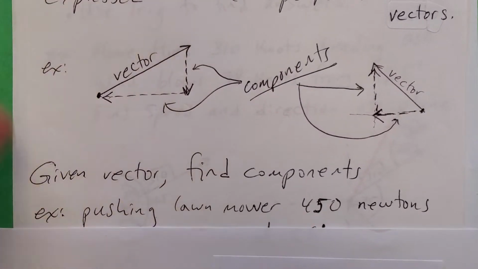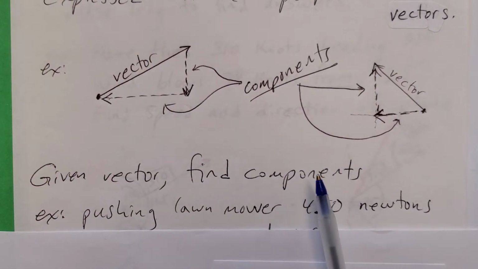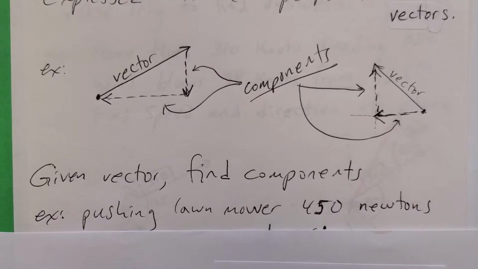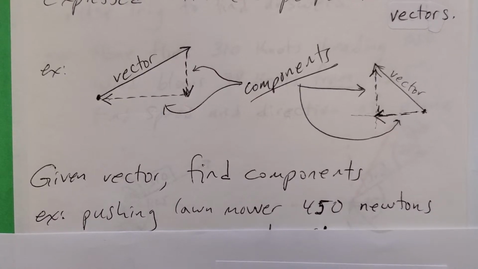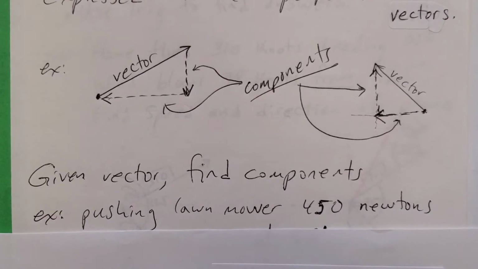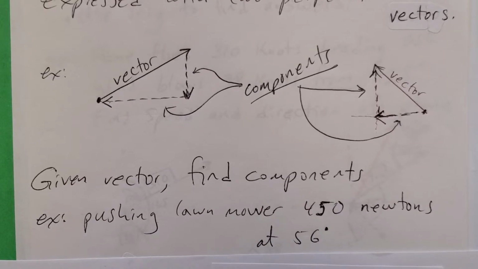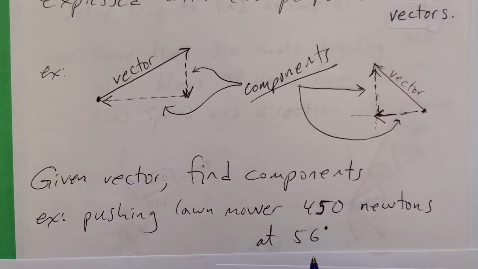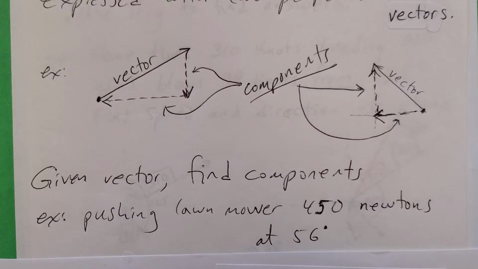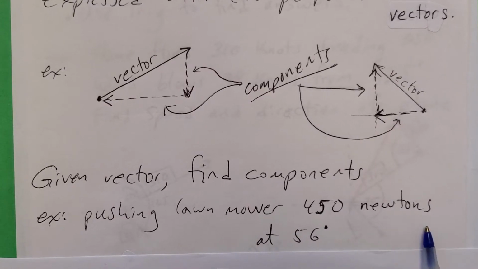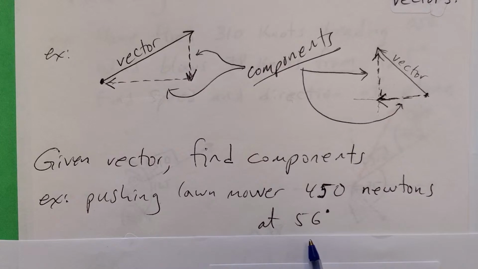So if you're given a vector, you can find the components, even if you have just the length of the vector and the angle. For example, if you're pushing a lawnmower, that would be down and to the right, sort of. 450 newtons, that's just a unit they use in physics.